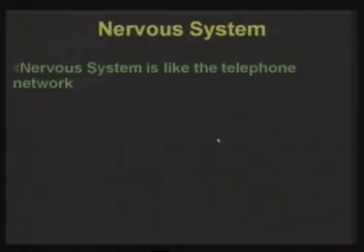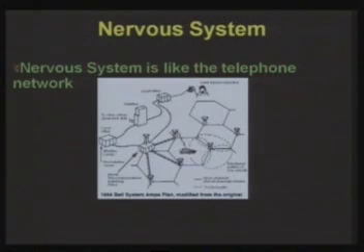We would like to begin today with the introduction to this first topic. Today I'll be dealing with the nervous system. The nervous system is just like the telephone network we have in a city. Here we can see a photograph diagram of a telephone network. The main function of this network is that we receive signals and we send the signals out.